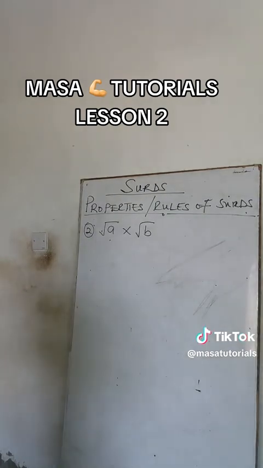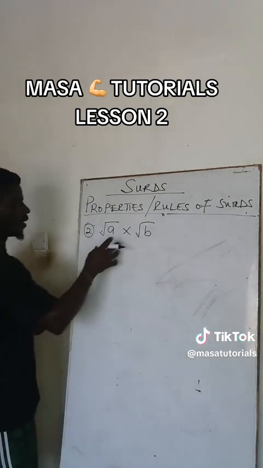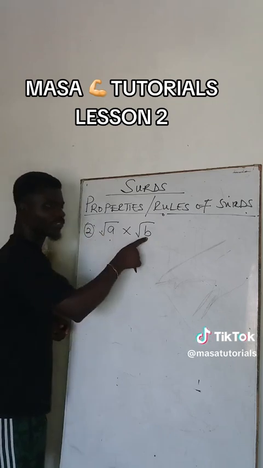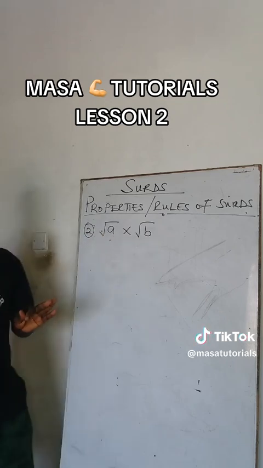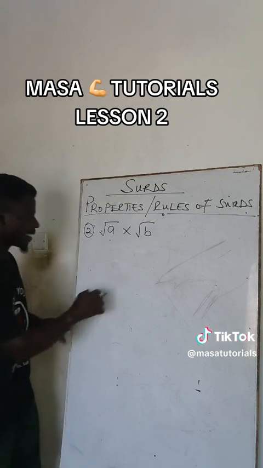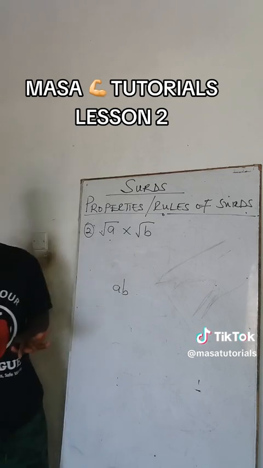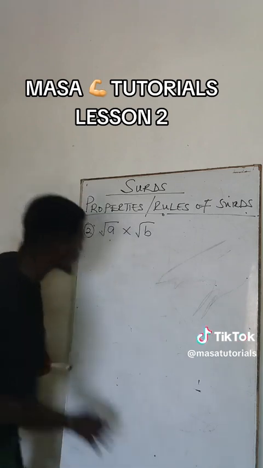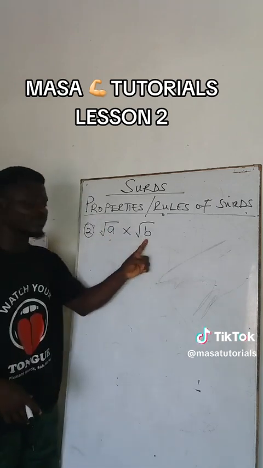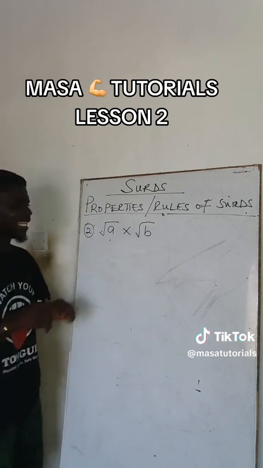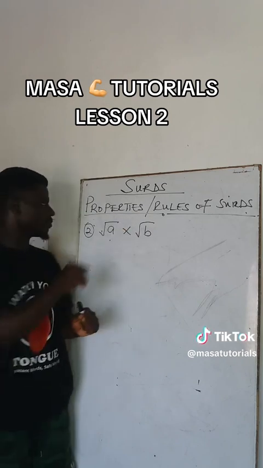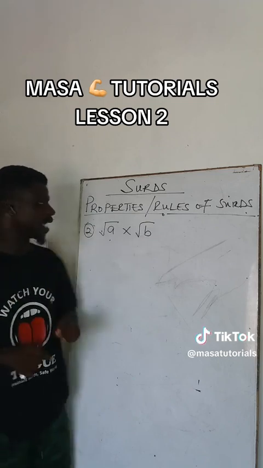Now, the radicand and this radicand, they are different. So can we say that the answer is just ab? No, the answer is not ab. See what we do here. Since a and b are different, but here lies the case, they are all in the same root sign.